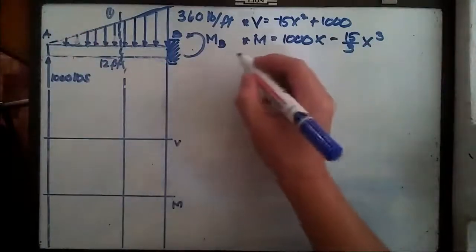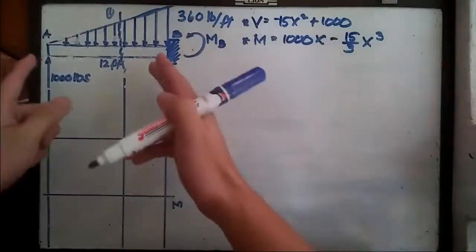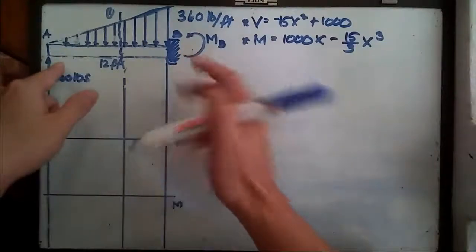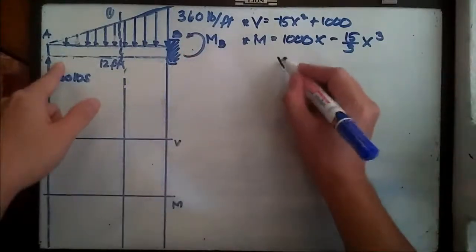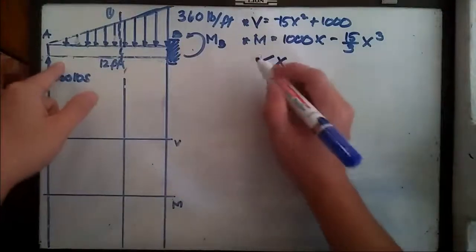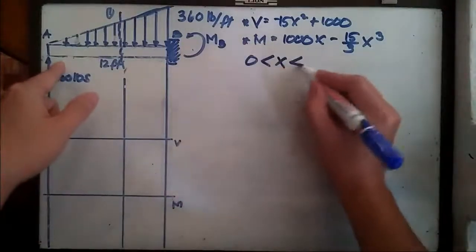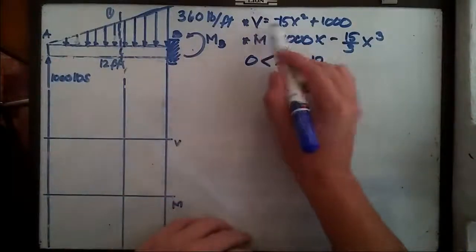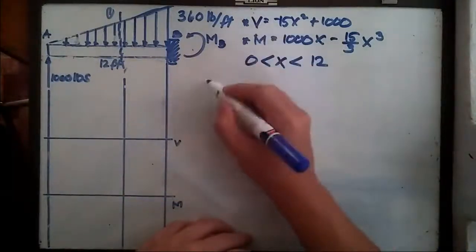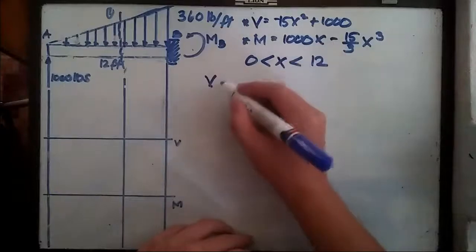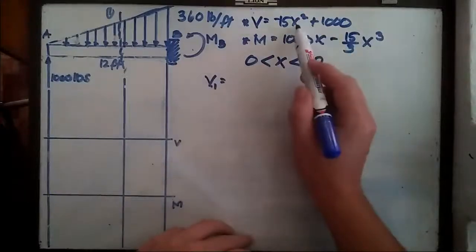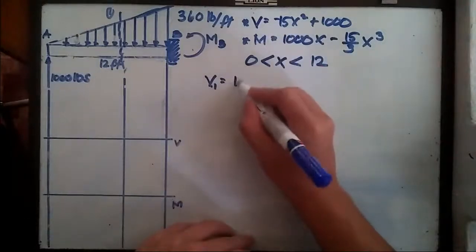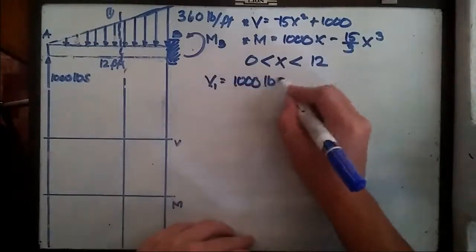If we're going to use the approximation again, since the whole length of the beam is continuous from 0 to 12, our limits for the approximation are that x should be greater than 0 but less than 12 feet. If we replace x here by 0 in V sub 1, 0 multiplied here will be 0, so V is equal to 1000 pounds.